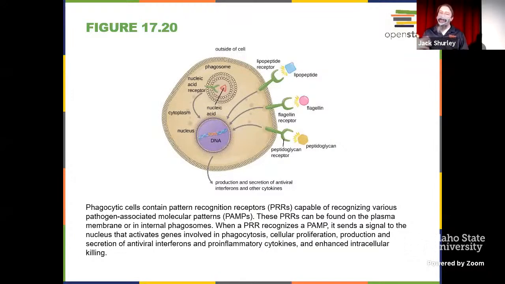And there's a handful of different things that they're trying to detect. So these cells have these PRRs, pattern recognition receptors, and they're proteins that allow them to detect the foreign stuff. And what they're really looking for are PAMPs, pathogen-associated molecular patterns.